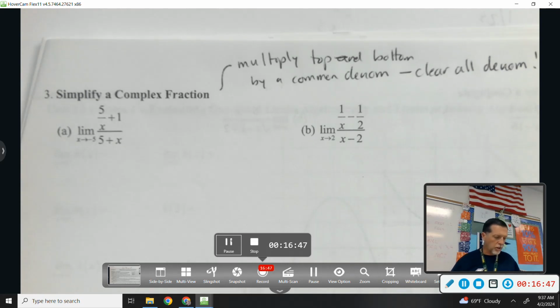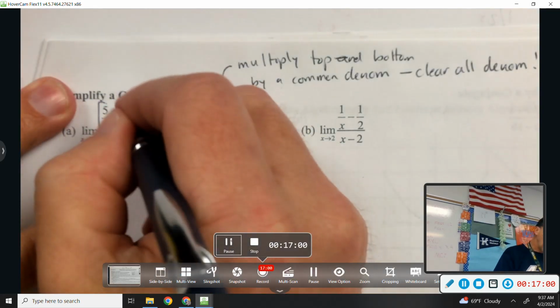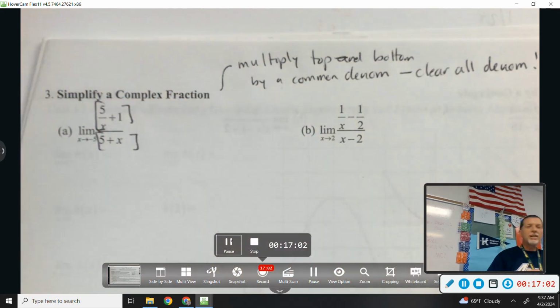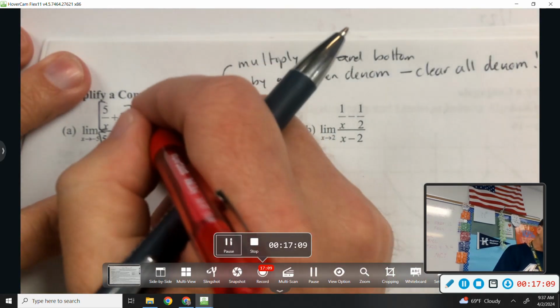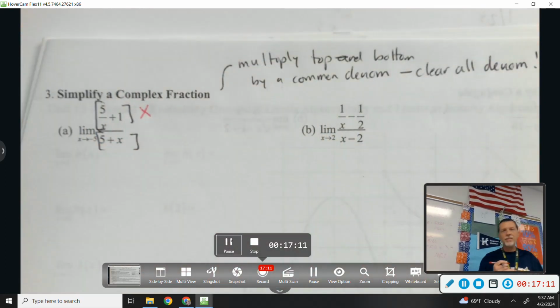So we're going to spend a little bit more time on these because I feel like our fraction skills might not be as good as our factoring skills. Maybe I'm wrong. So part A, what could I multiply the top and bottom by that would clear out all the fractions? It's an easy one: x. So if I multiply the top by x, that'll cancel that x in the bottom.